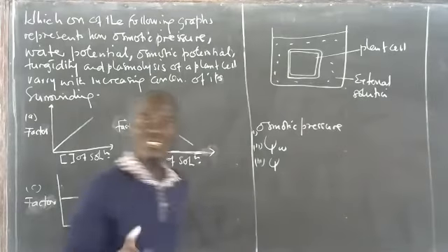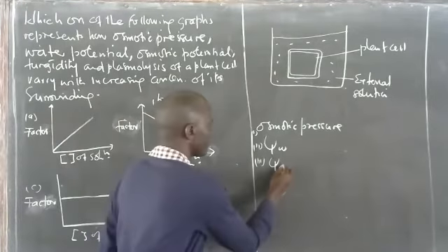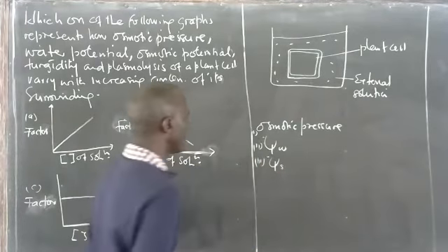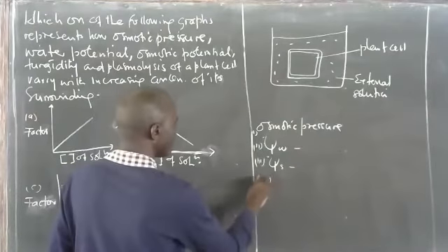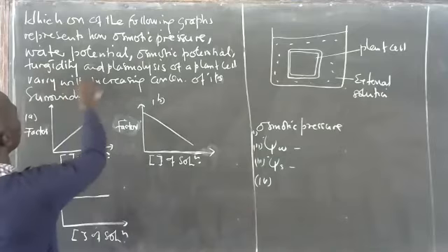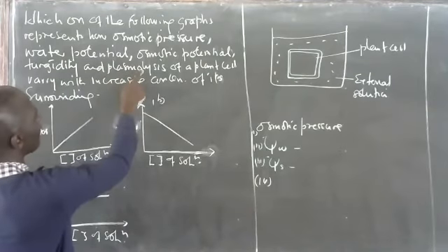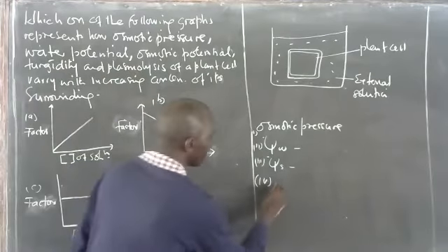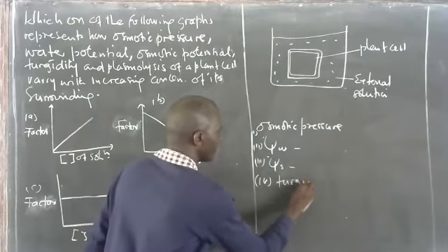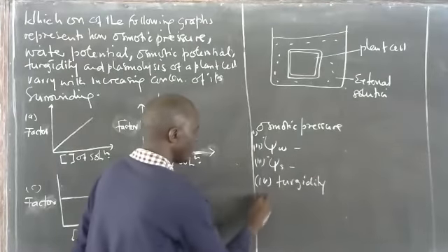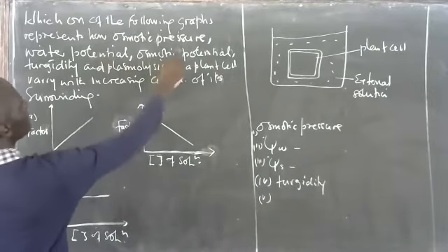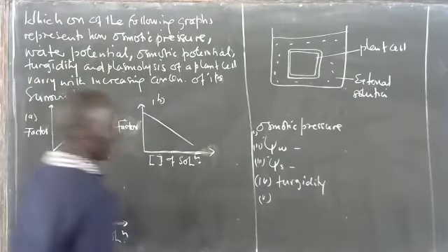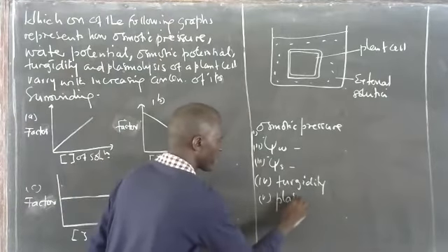Remember, osmotic potential is the same as solute potential. Then you have four, turgidity. Then 5. We've got 1, 2, 3, 4, 5. Plasmolysis is the last one.